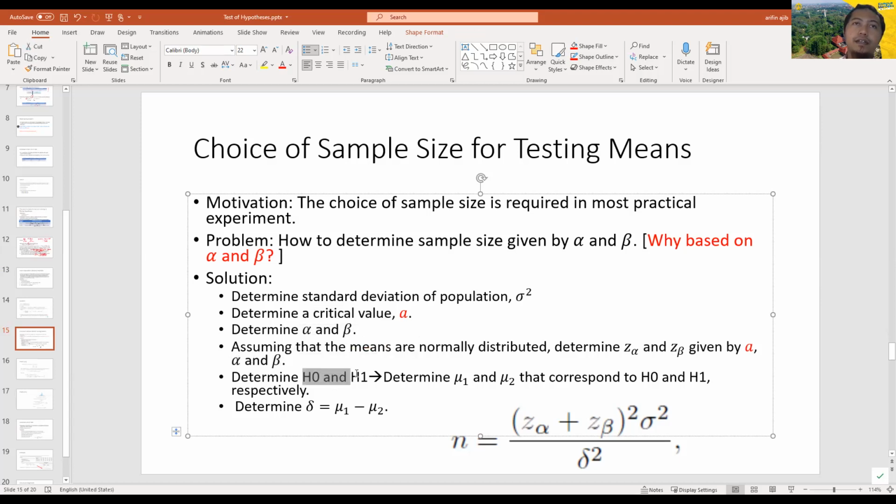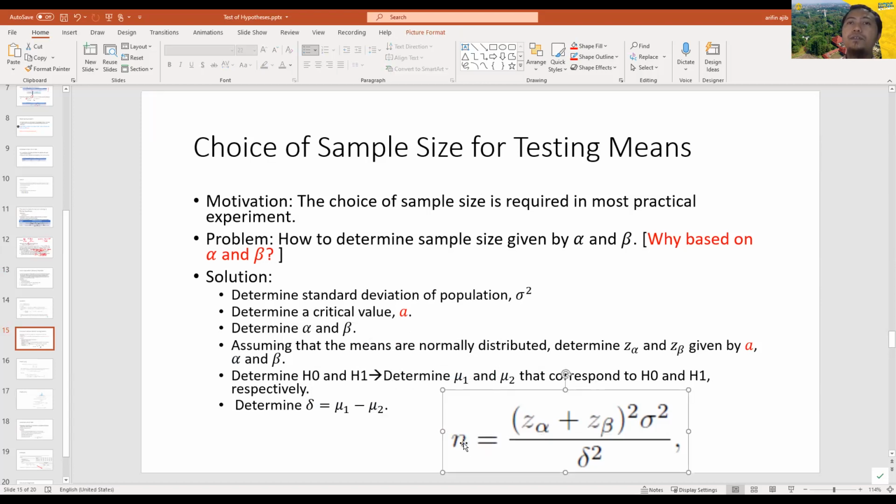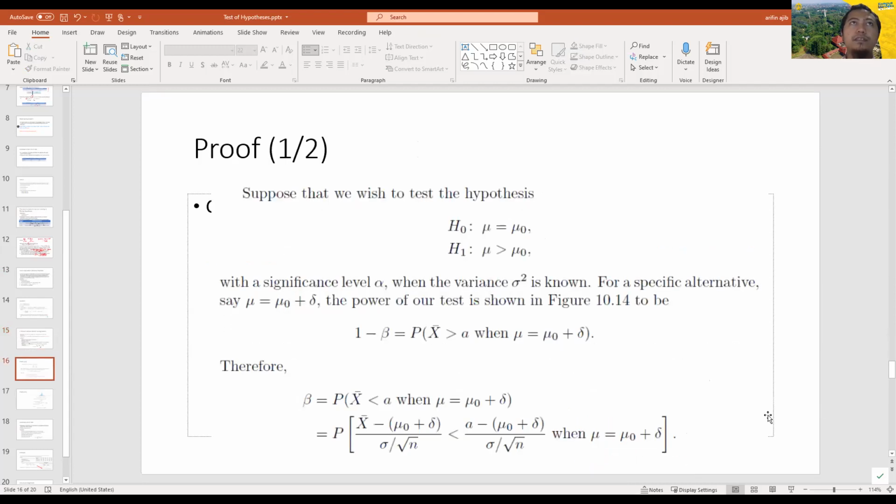Determine the null hypothesis and the alternate hypothesis, and then determine the first mean and second mean corresponding to each hypothesis. Then determine delta, the subtraction or gap, the difference between mean 1 and mean 2, and then we can compute the sample size with this formula.